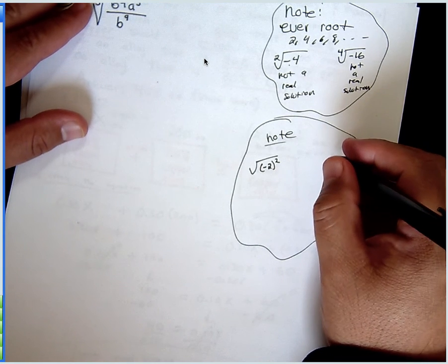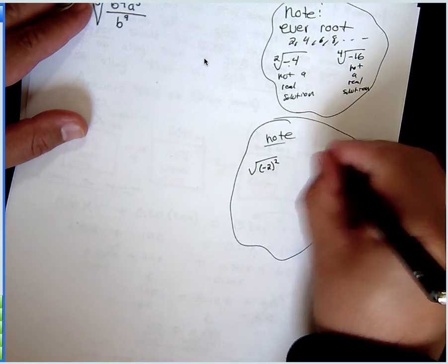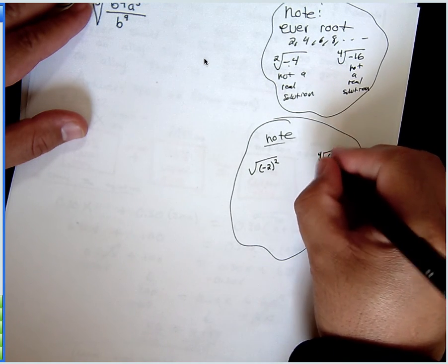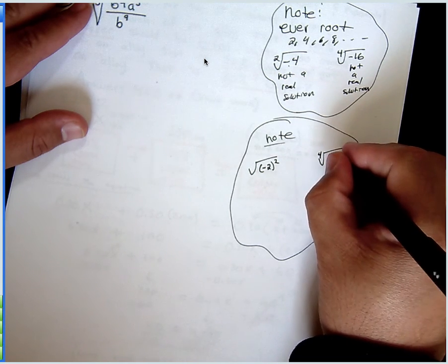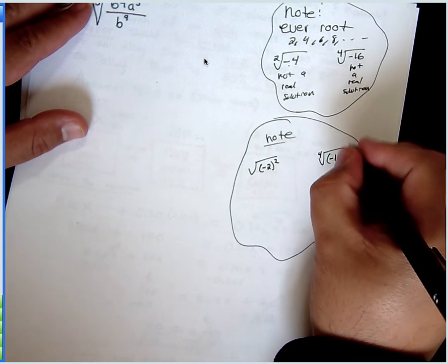Or you can have the 4th root of -16 to the 8th power. This is an 8.